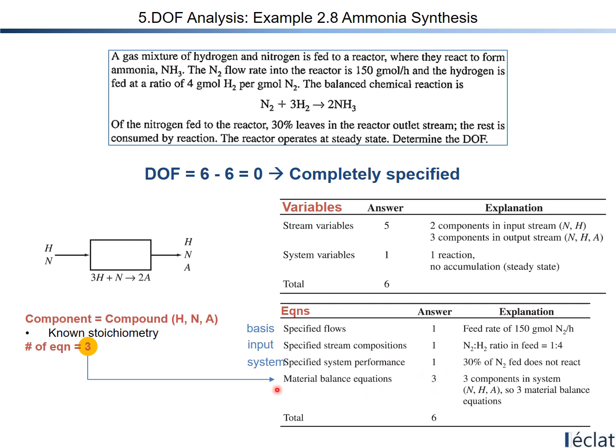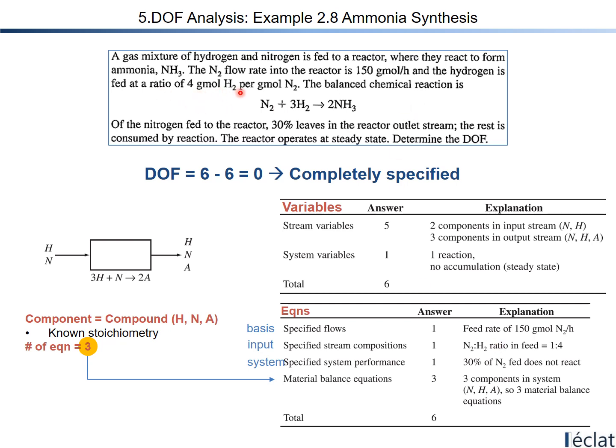And then the first one is basis. Let's go to the sentences of the problem. The N2 flow rate into the reactor was 150 gram mole per hour. So that is the basis.